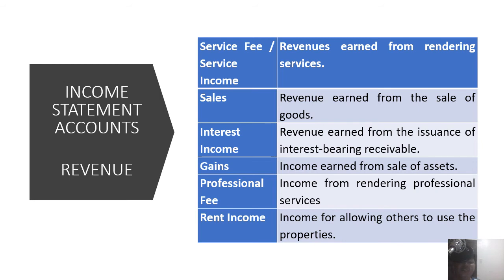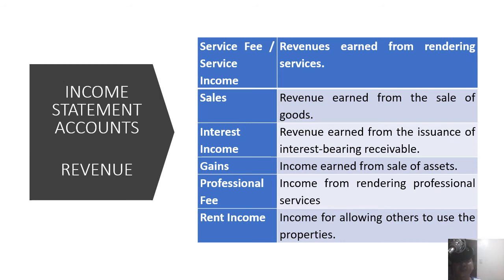We have service fee or service income. So, when the business is a service business, it renders services to its customers, to its clients, so its revenue is service income.